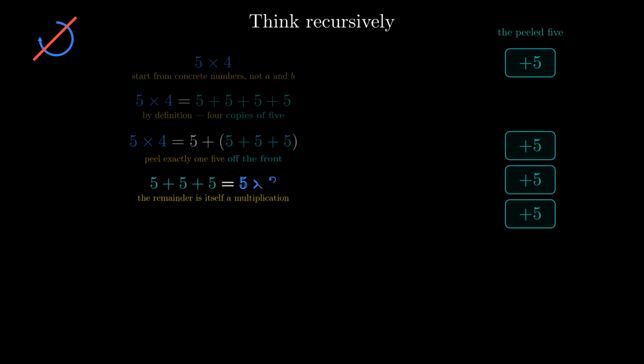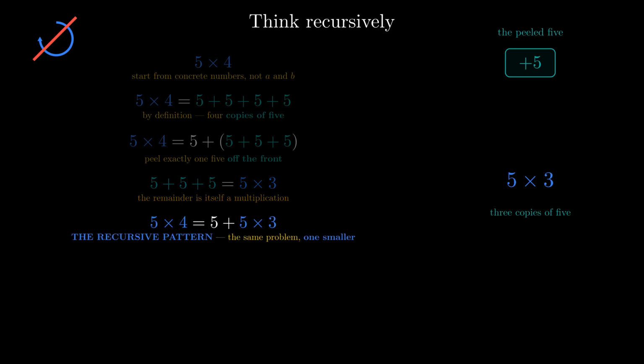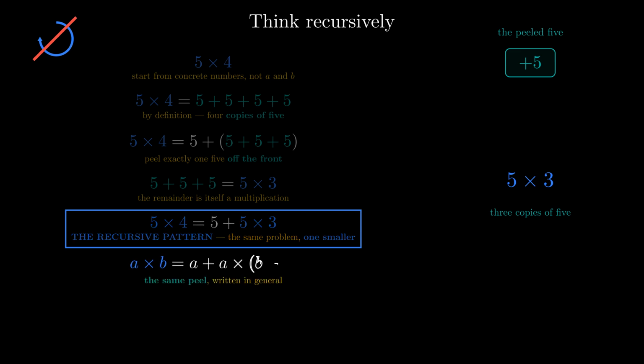What remains is 3 copies of 5, which is itself a multiplication. So 5 times 4 equals 5 plus 5 times 3. That is the recursive pattern. The star operator between 5 and some number became 5 plus the star operator between 5 and the number 1 smaller. We did not solve the problem. We re-expressed it as a slightly smaller version of itself.